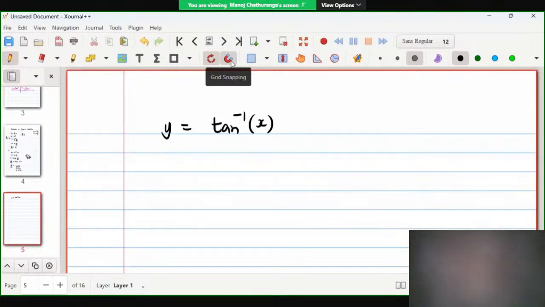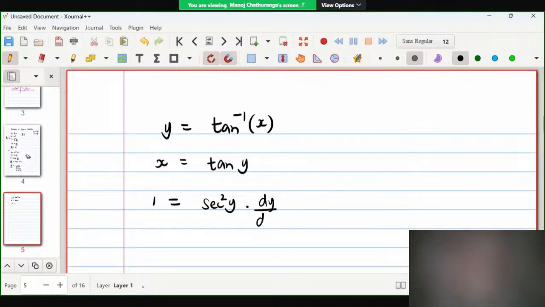So the idea is to write this y equals tan inverse x as x equals tan y, and differentiate both sides with respect to x. The derivative of tan is secant squared, times dy over dx. Then dy over dx is cosine squared y, right?